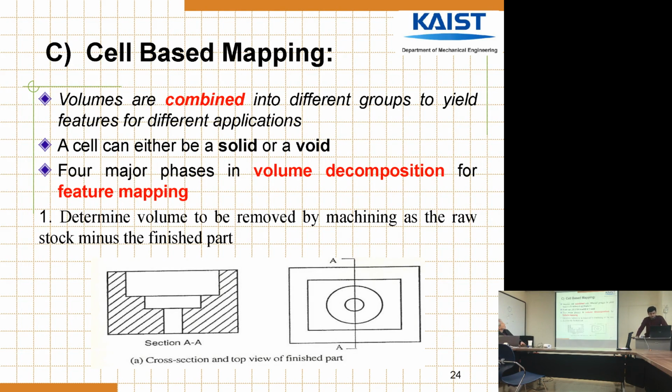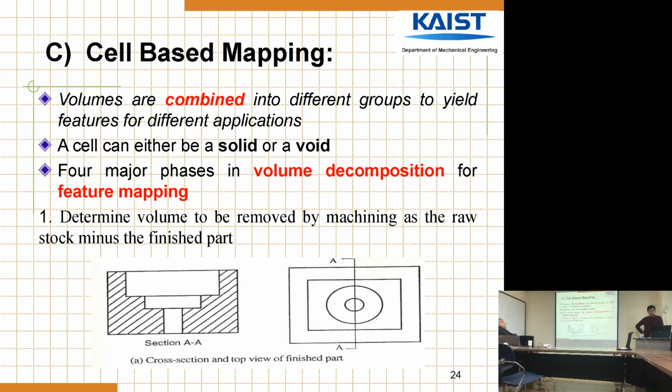So that is not available in feature recognition. We're starting from zero in feature recognition. Here some of the information of already existing features is also used when we decompose the model into cells.